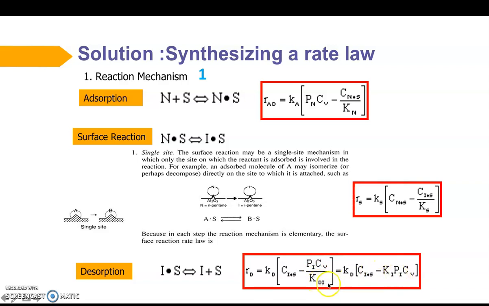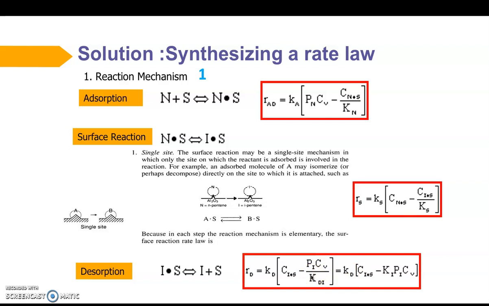But you can also describe KD as KI. If you refer to the desorption part of the textbook, KI is actually 1 over KD. So this is a friendlier version compared to the other version, but you can use either one.